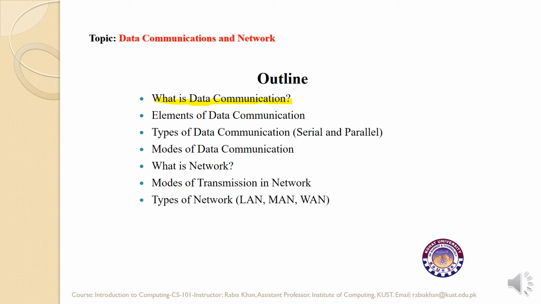Then we discussed different elements that form data communication, including sender, receiver, the data that is required to be sent, the communication media, and the protocol that needs to be ensured for data communication. We also discussed different types of data communication that include serial and parallel communications. We discussed both of them in detail in the previous lecture.